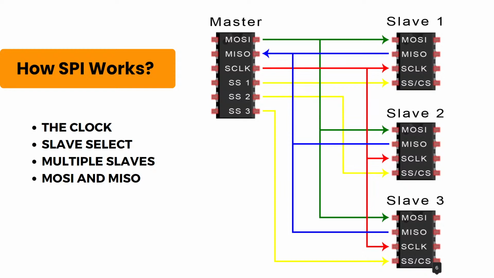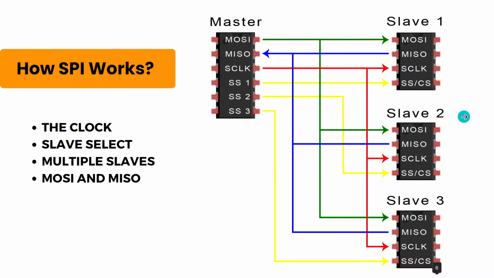Multiple chip select pins may be available on the master, which allows multiple slaves to be wired in parallel like this. If only one chip select pin is present, multiple slaves can be wired to a master by daisy chaining.